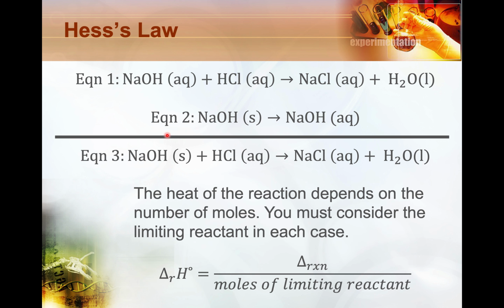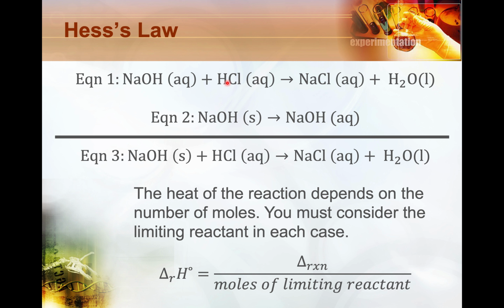It's also important to note that in a real lab setting, you're never going to have perfect molar ratios of everything. So you always have to be sure what the limiting reagent is in each case. In the sodium hydroxide case, it's fairly easy. You don't have to consider what the limiting reagent is because it's only sodium hydroxide dissolving. But in each case, you have to consider: is the sodium hydroxide limiting or is the hydrochloric acid limiting?